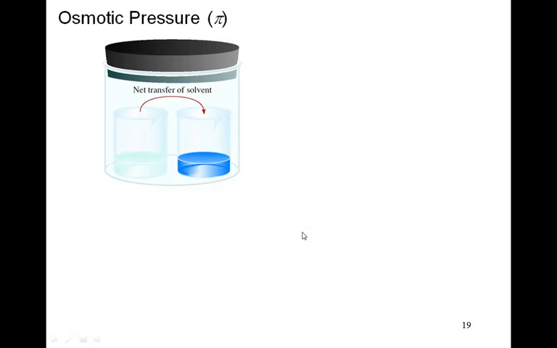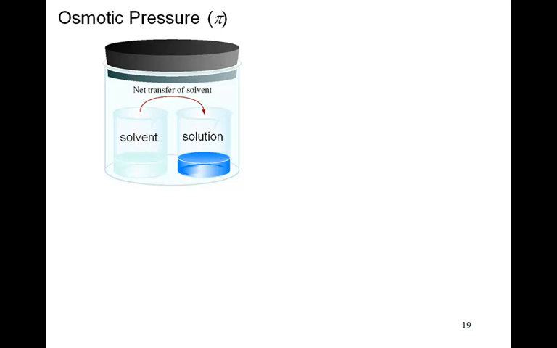Here is a similar situation in which we're going to see a phenomenon that occurs based upon differences in vapor pressure. On the left-hand side, we have solvent. On the right-hand side, we have a solution. Now, the solvent and the solution are contained in different containers, and they're placed in one larger container, and they're allowed to evaporate.